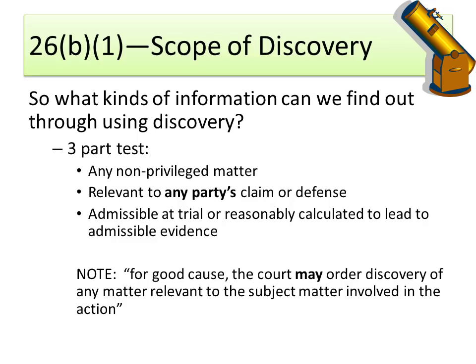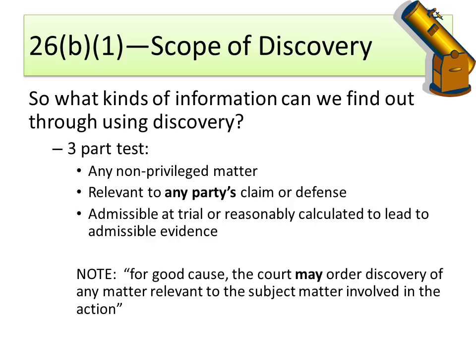You can find out any non-privileged matter, and one of the privileges we're going to talk about is the work product privilege, but there are others, attorney-client privilege and so on.